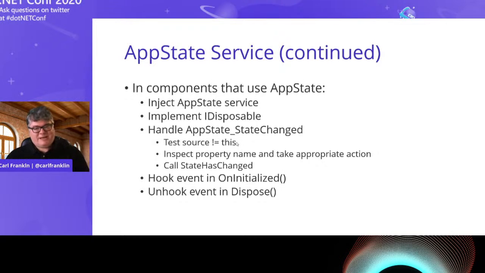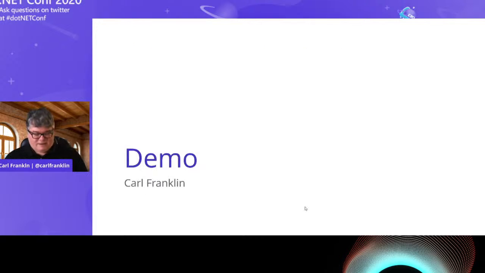But I want everybody else to get the event, not me. So I test that source to see if it's this, it's not this, and I inspect the property name, take appropriate action. Now remember, notifications aren't UI updates. UI will update automatically. Notifications are for, hey, I need to know when somebody else updates this property. So we're going to hook the event in OnInitialized and unhook it in Dispose.